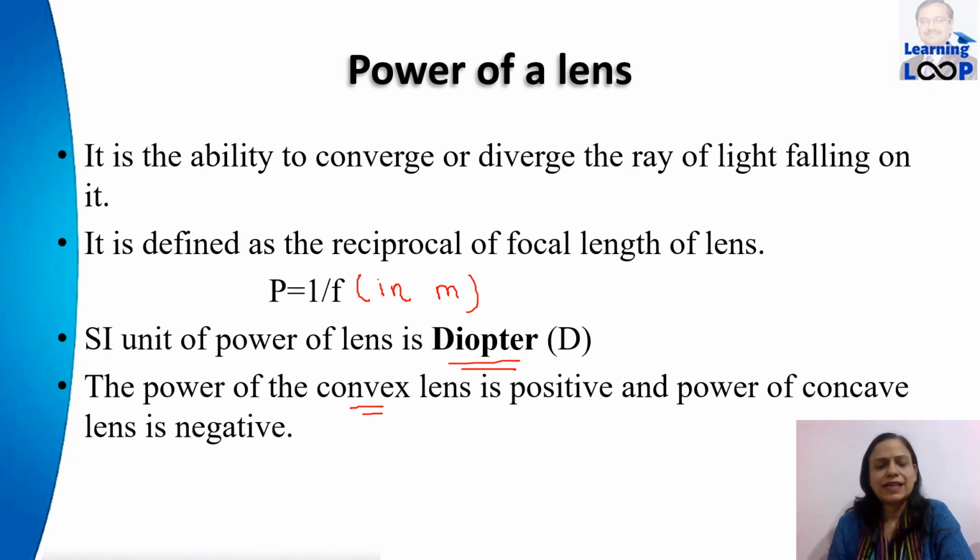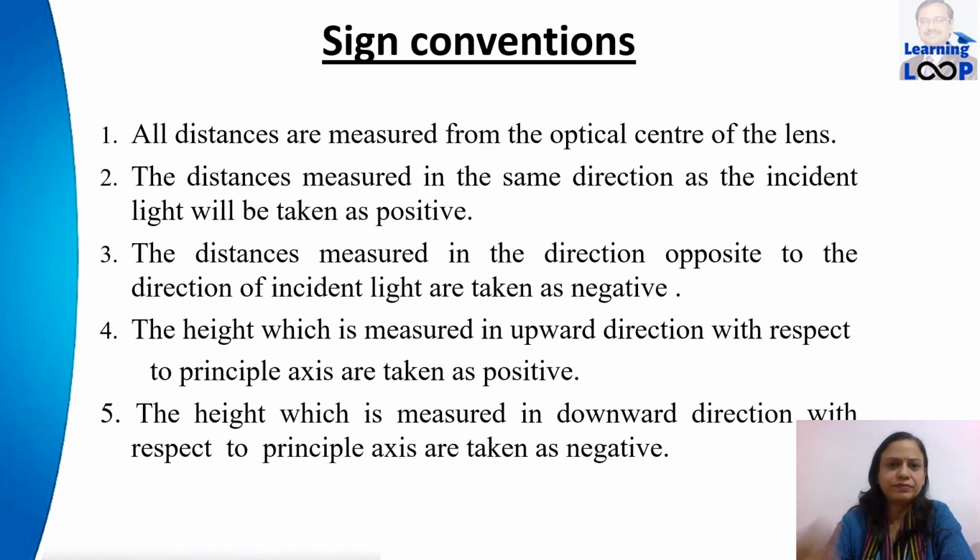Since a convex lens has a positive focal length, because the conventions are the same as in case of mirrors, the focal length of a convex lens is on the right hand side, so the power will also be positive. Whereas in case of a concave lens, the focus is on the left hand side, so the power will also be negative.